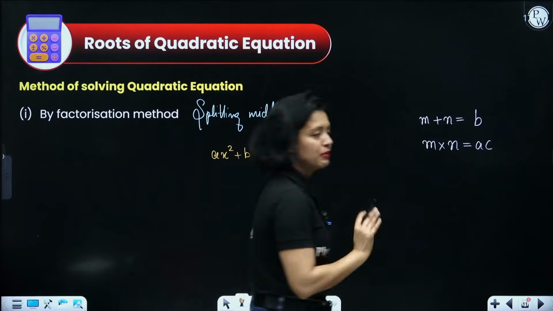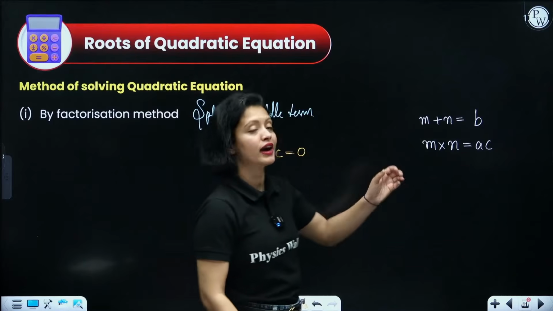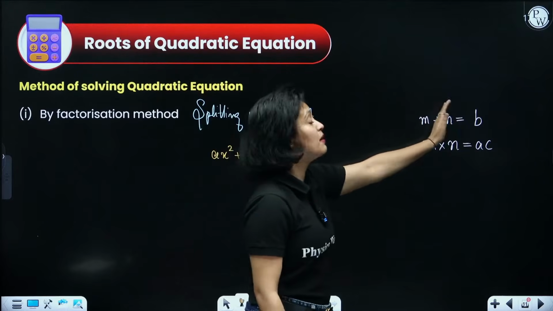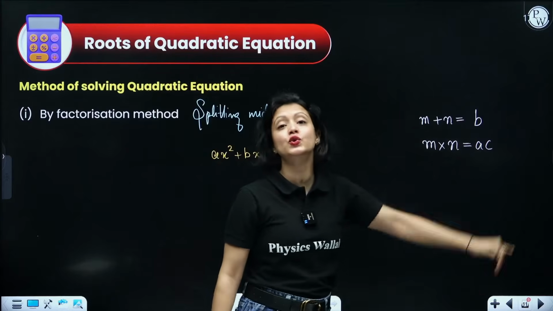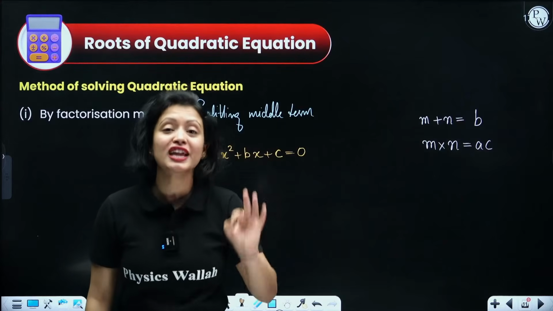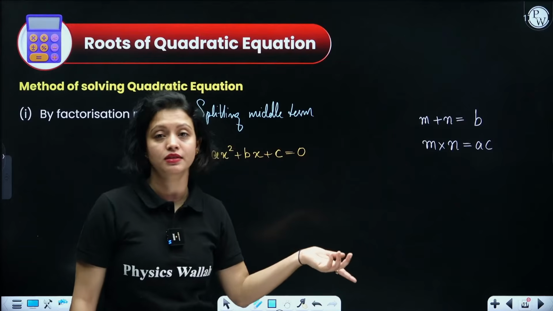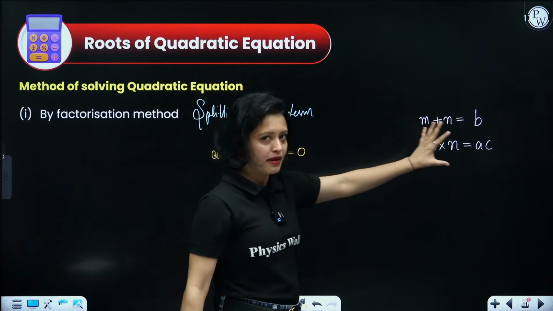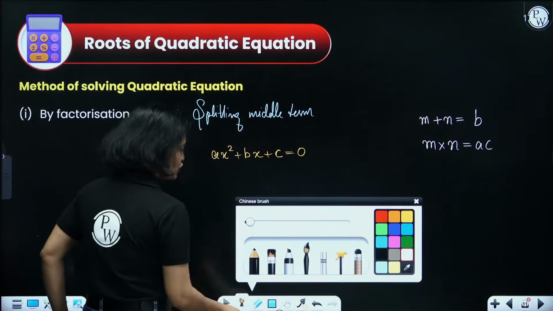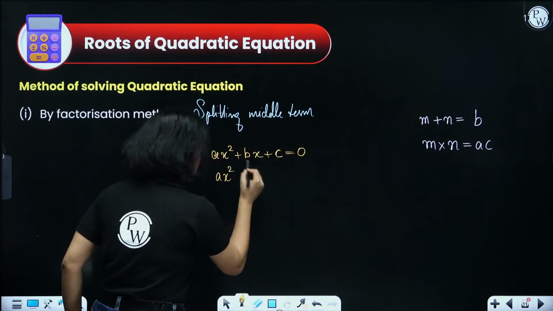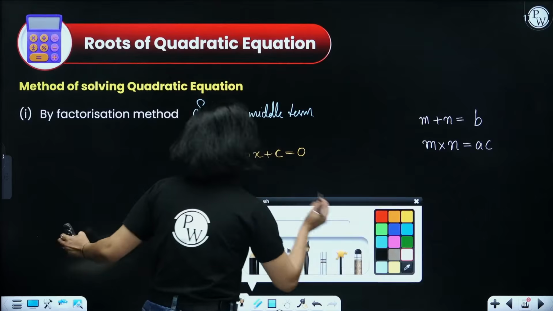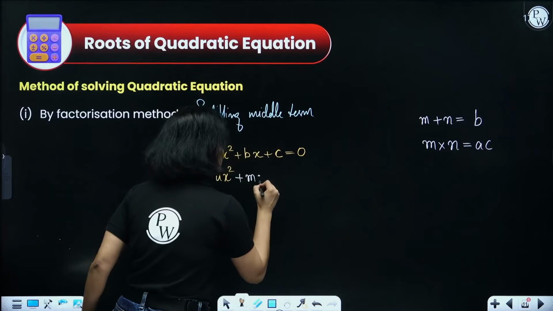Remember what you have to do, guys. The first step is to find 2 numbers whose sum is equal to the coefficient of x and whose product is equal to the multiplication of the coefficient of x square and the constant term. Whatever m and n are, next, if you find such numbers, you will write bx as mx plus nx.